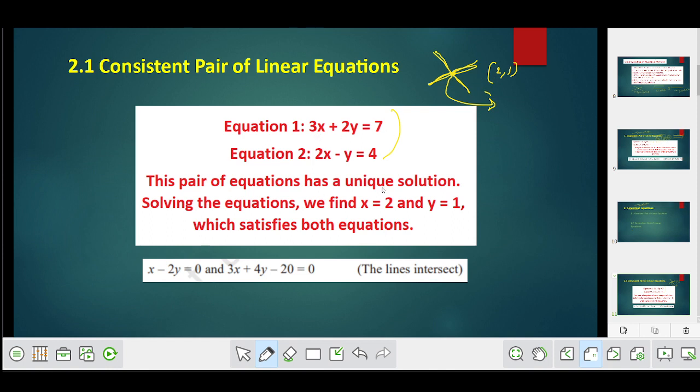Here x should be 1, this is a misprint, and y should be 2. 3 times 1 is 3, 2 times 2 is 4, then we get 7. Clear?